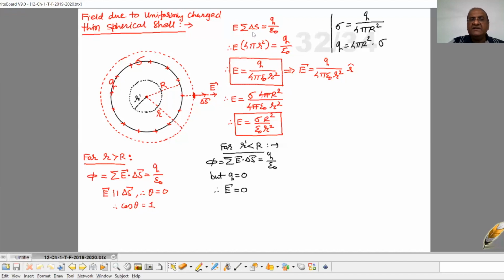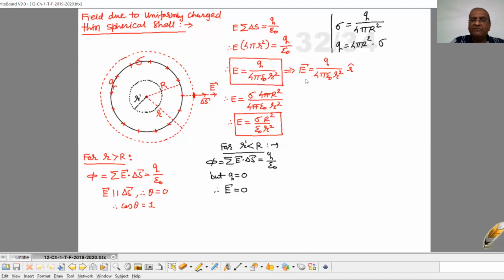So E times the sum of delta S is Q upon epsilon 0. The sum of delta S gives you the total spherical surface area of the Gaussian surface, that is 4 pi r square, so E into 4 pi r square equals Q upon epsilon 0.